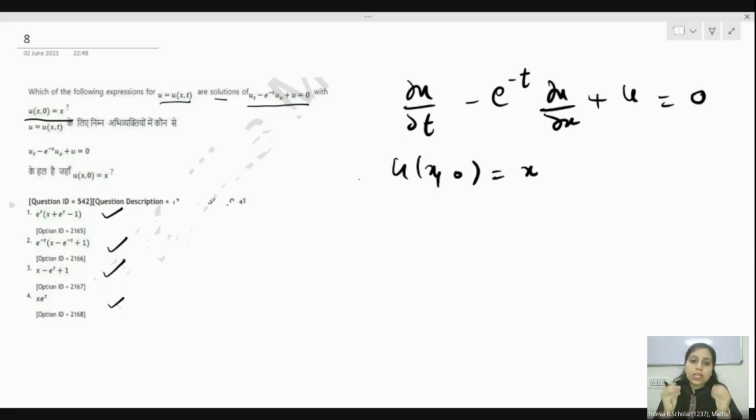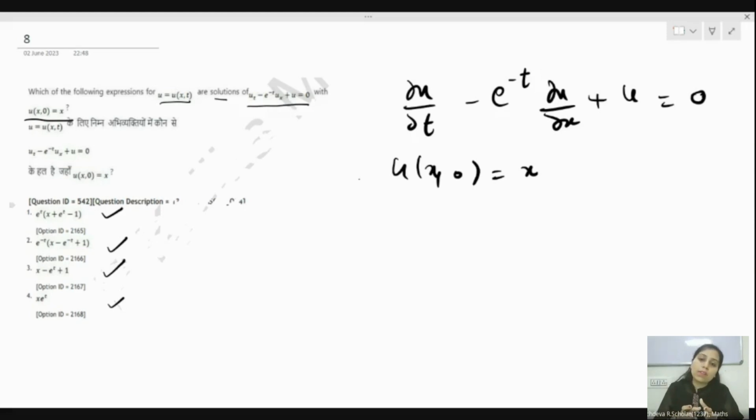Whenever you get stuck in any differential equation question and you have to find a solution, just take the options and check whether each satisfies or not. You don't need to remember many formulas and many techniques to solve differential equations. Just take the solutions one by one and see which one satisfies the given equation. So I'm going to solve this question in this manner.